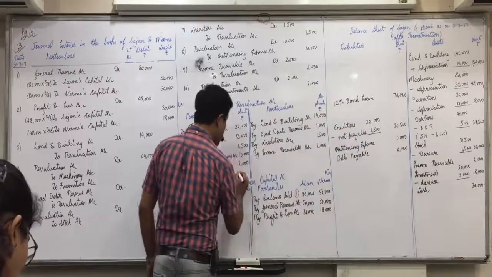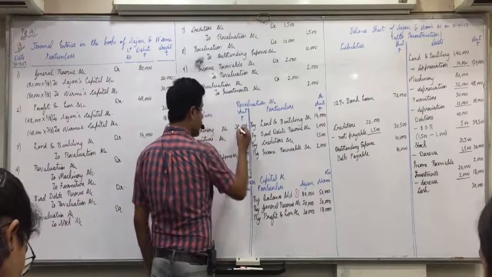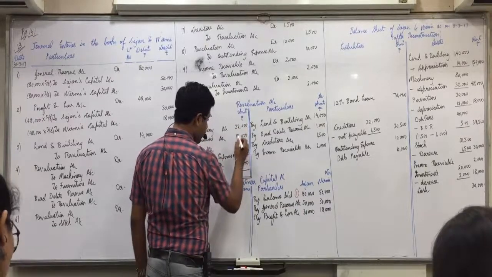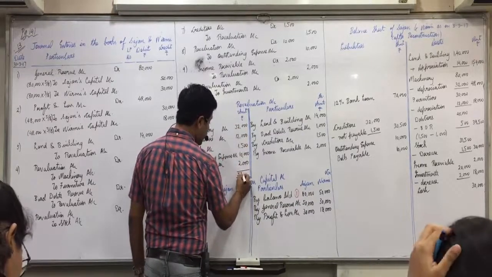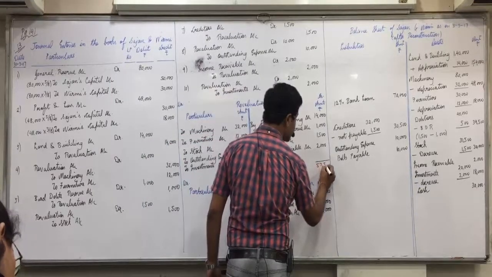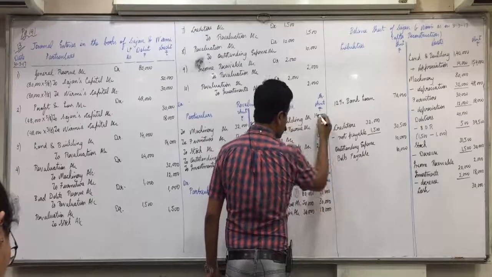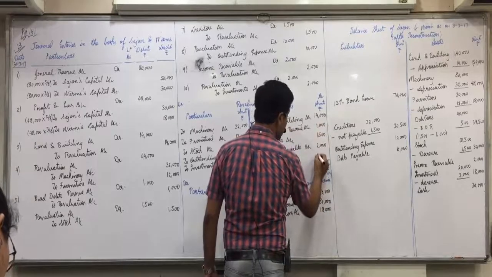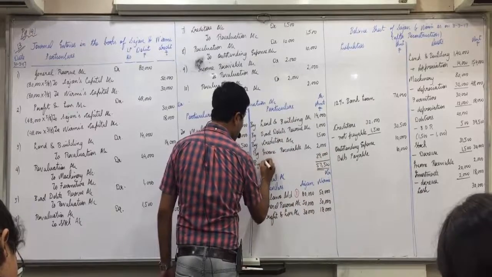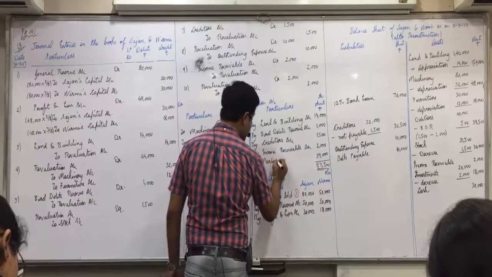Revaluation, debit is more. 57,500 minus 18,500, so 39,000 by partners' capital account.